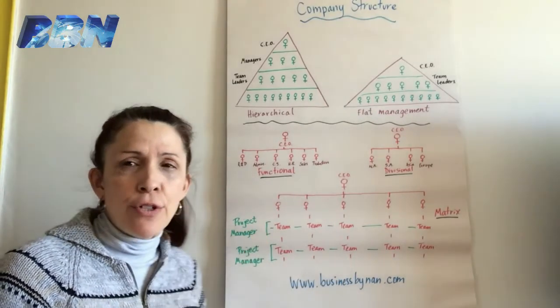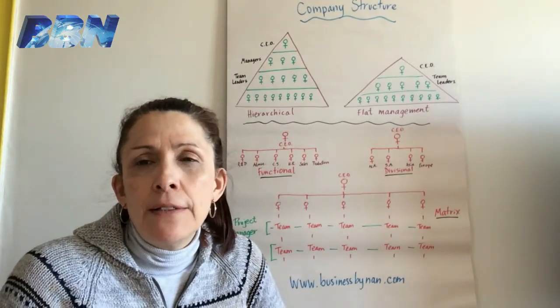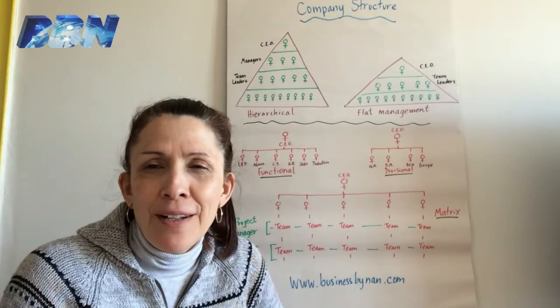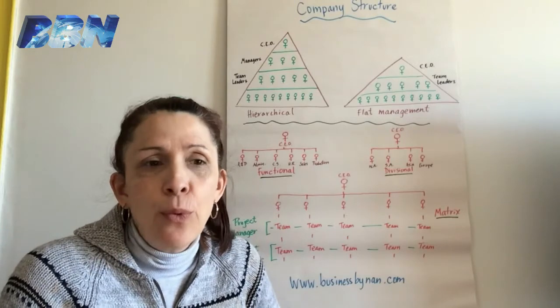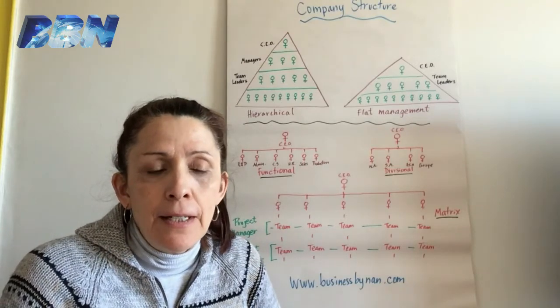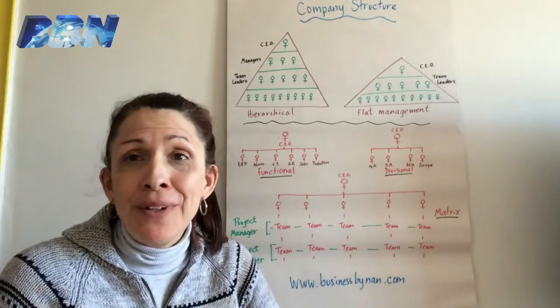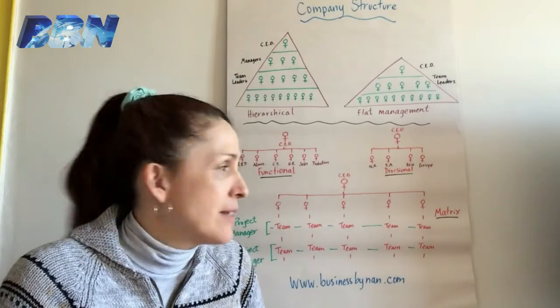So the matrix structure is really an excellent structure because a lot of companies have these short-term projects, or they're temporary, right? Or just one region can have a project, maybe another one no. So that's why they use these, right?